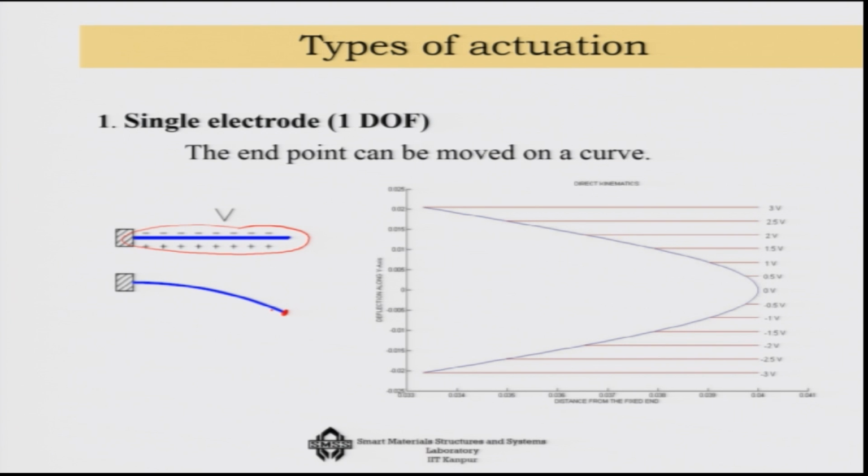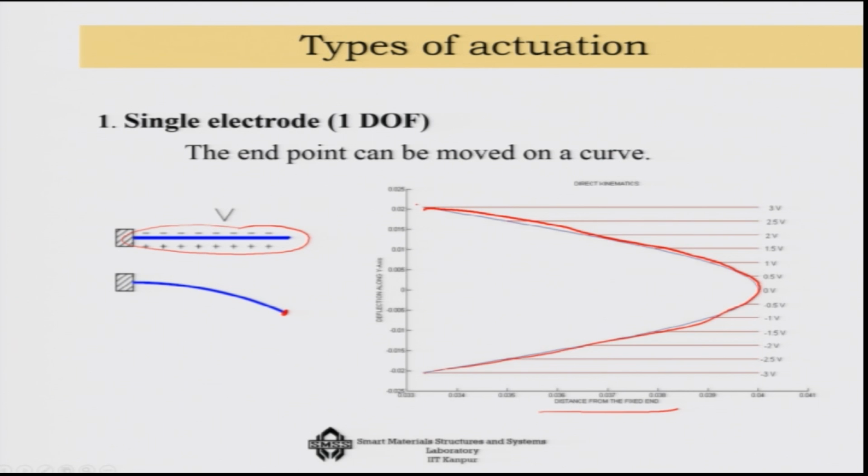Okay. Depending on the direction of the voltage, you will see reversible changes, and as a result, if you start to plot, you will see the distance from the fixed end increasing, and if you measure the deflection along the y axis, you will get a kind of workspace, so to say, or the end point movement.